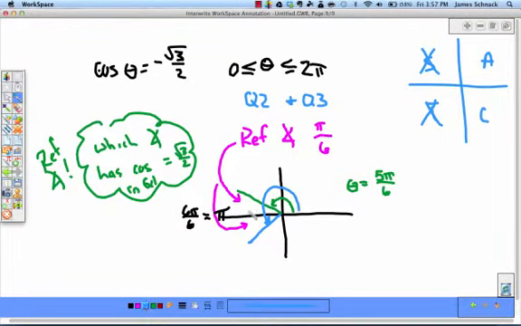Or the blue angle, that's 1 pi/6 beyond pi radians. The blue angle is going to be 6 pi/6 plus 1 pi/6, or 7 pi/6. And there, ladies and gentlemen, are the two angles that give me a cosine equal to -√3/2.